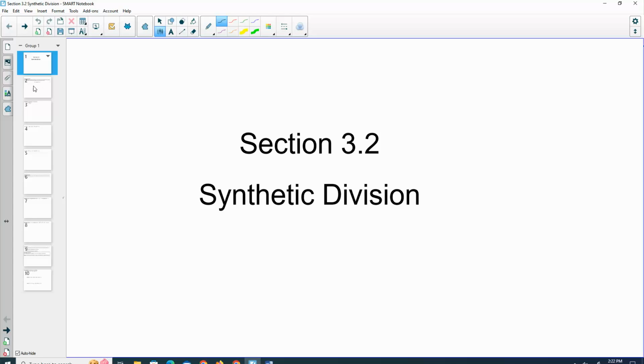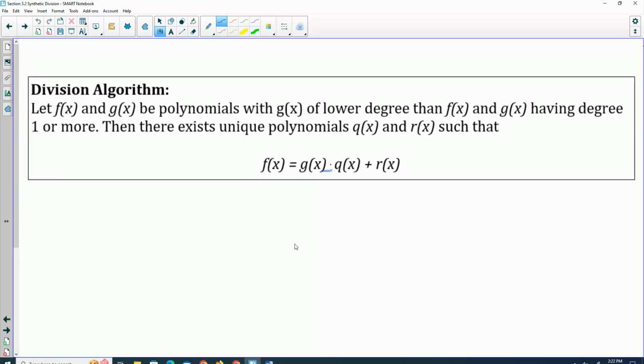So first thing, we have what's called the division algorithm, which basically says you can always divide two polynomials. If f and g are polynomials, and g is a lower degree, and they both have a degree of 1 or more, there is a unique polynomial Q. What do you think Q stands for?